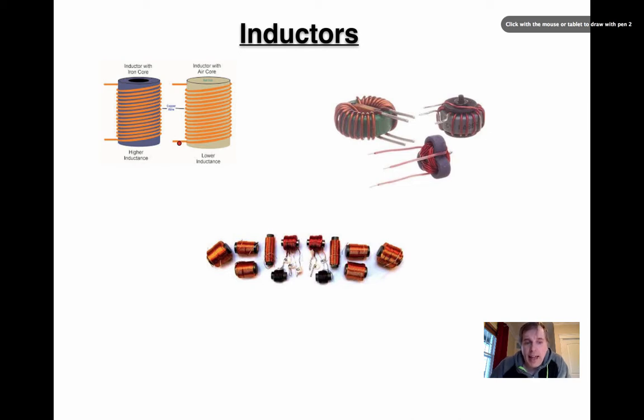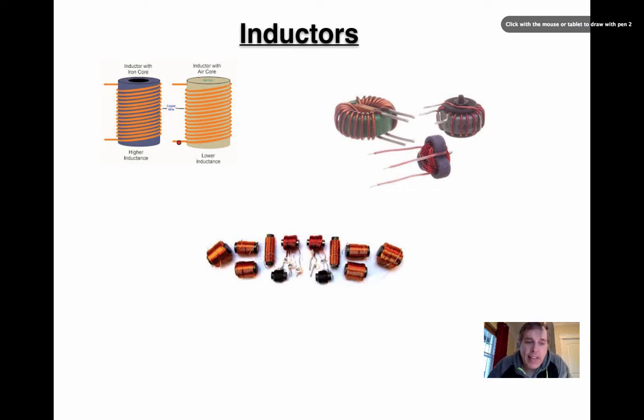But it turns out that when you coil a piece of wire like this and you send a current through it, the current will produce a magnetic field. And because of the magnetic field inside the coil, these inductors have a very special property, which is that they don't like it when you try to change the current very quickly in a circuit.